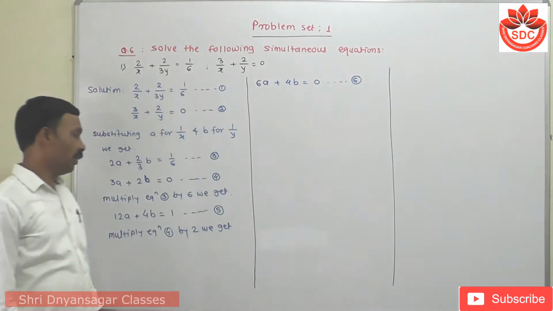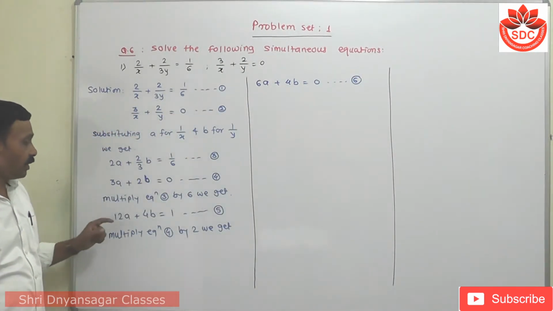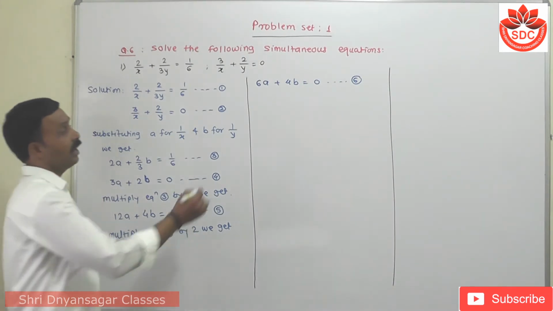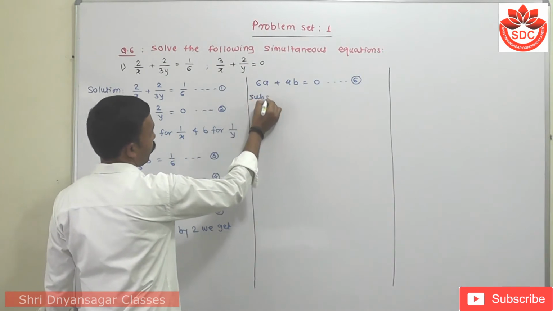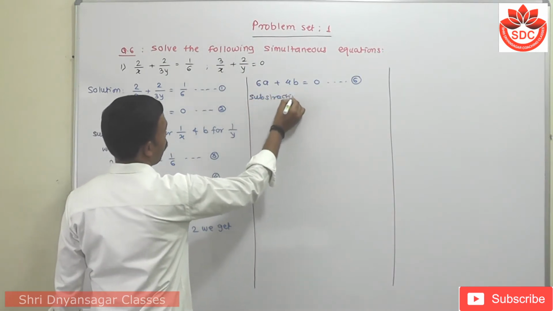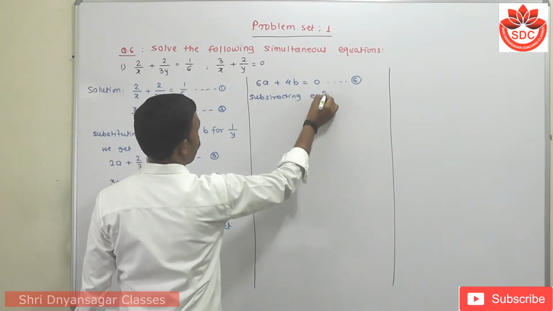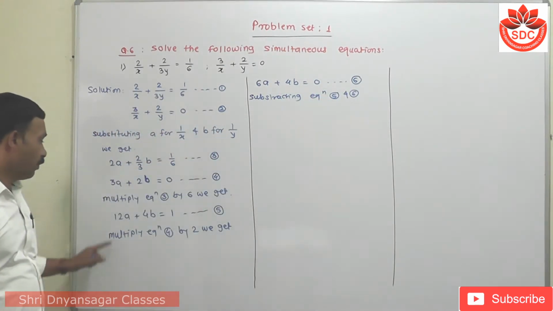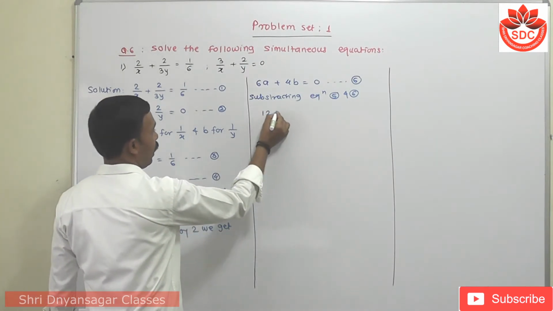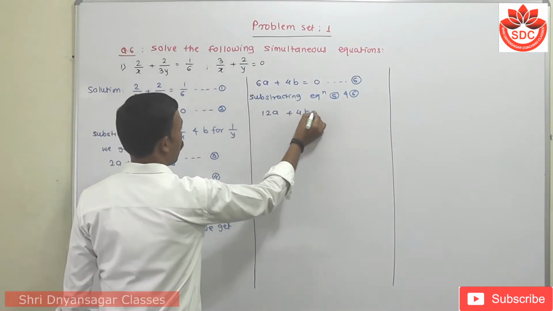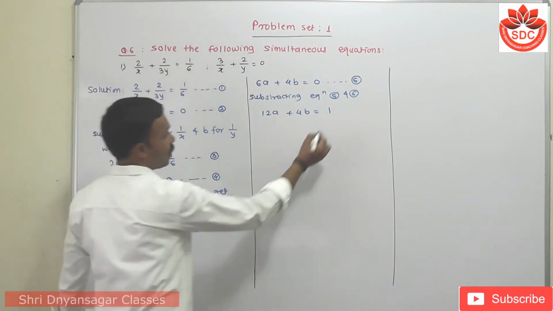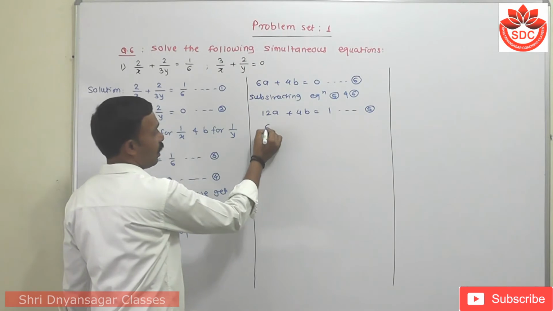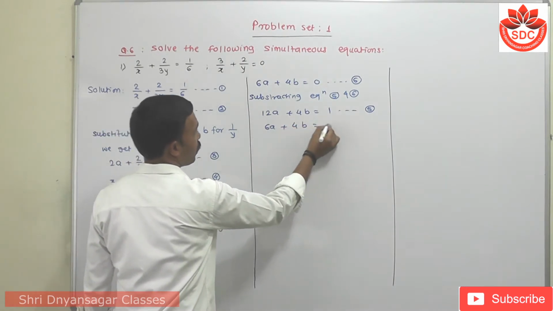Then observe carefully 5 and 6. If you subtract these two equations, we get the value of a. So here write: subtracting equations 5th and 6th. Now we get, first I write the 5th: 12a plus 4b is equal to 1. This is equation number 5. And the next one is 6a plus 4b is equal to 0.